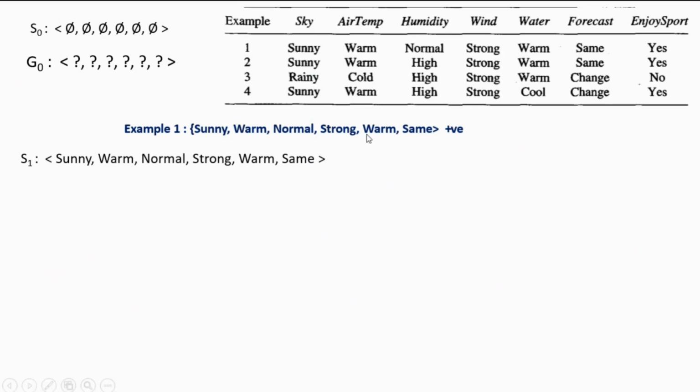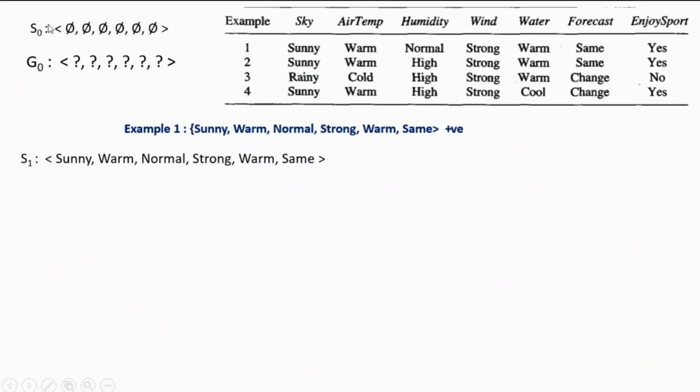For the given example, compare the value of every attribute. The S boundary is specific, so it has to move towards generalization. The null value is more specific, but sunny is more general, so replace the null by sunny. Next, warm is more general than null, so replace it too, and replace all the attribute values in such a way.